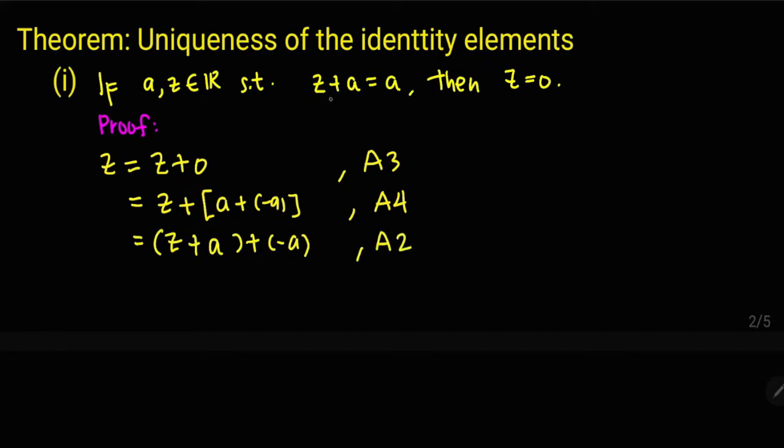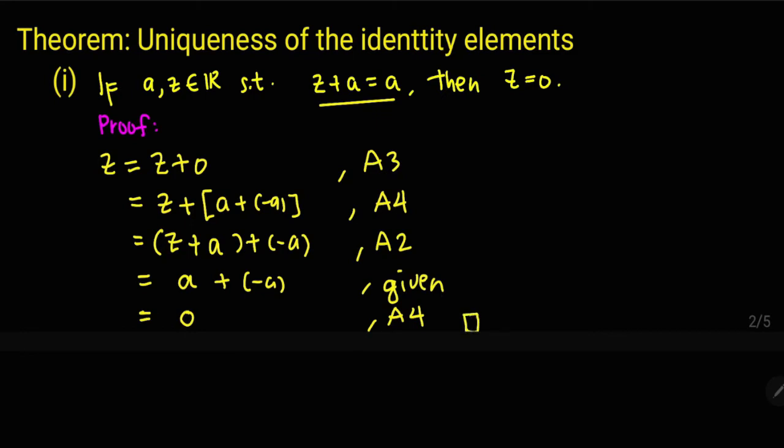Now, using the given, we have C plus A is equal to A. So we will just substitute the value A for C plus A, and then we rewrite negative A. That's the given, or the hypothesis. But again, since we have A plus negative A, that's equal to 0 by the existence of additive inverse. So we were able to show that C is equal to 0.